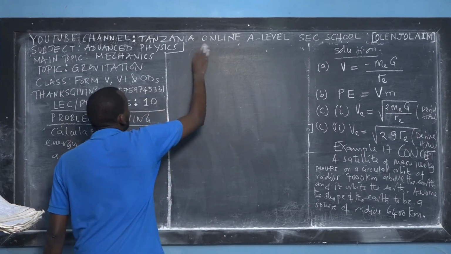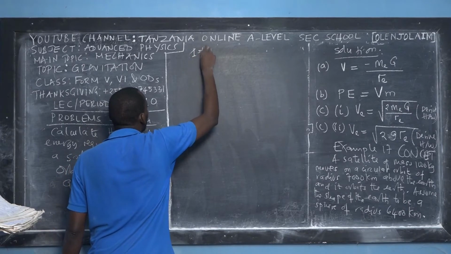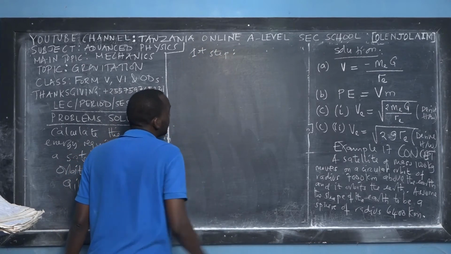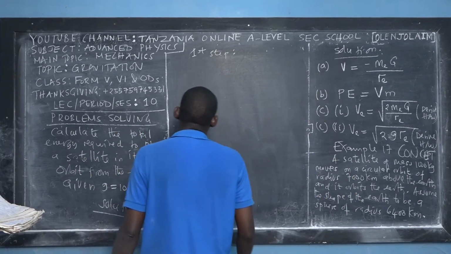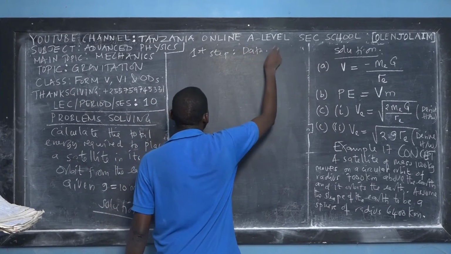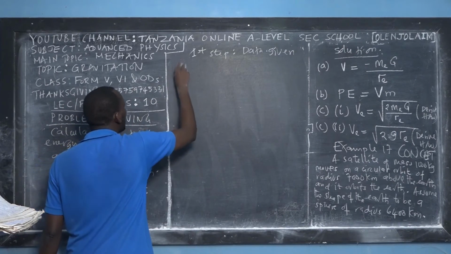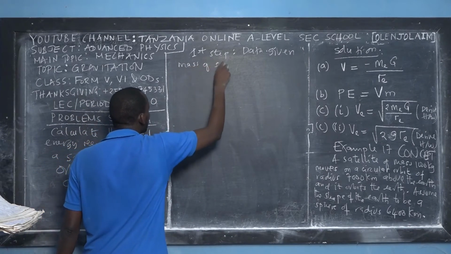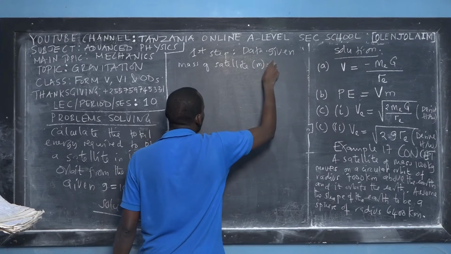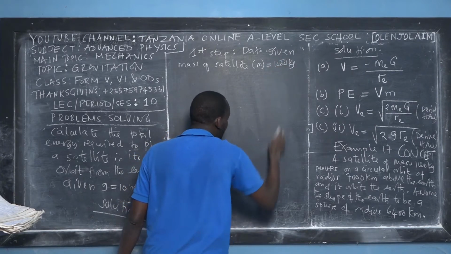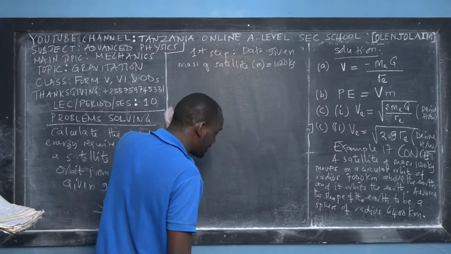So, solution. We'll follow a number of steps in solving this problem. The first step: start with the data given, to simplify the problem because it's a little bit complex the way it is. Mass of the satellite, with notation M, is equal to 1,000 kilograms. Then its orbit is at a radius of 7,000 kilometers.